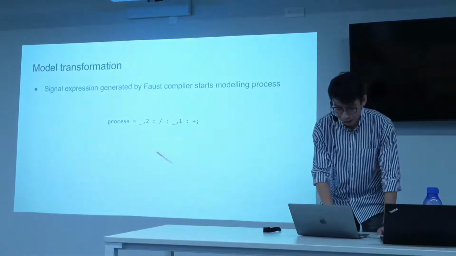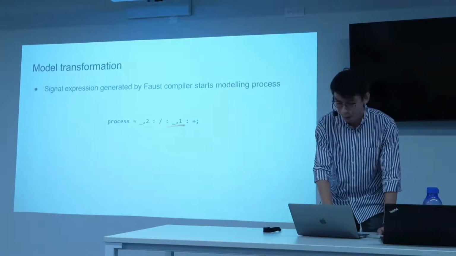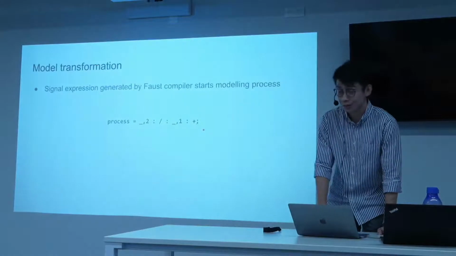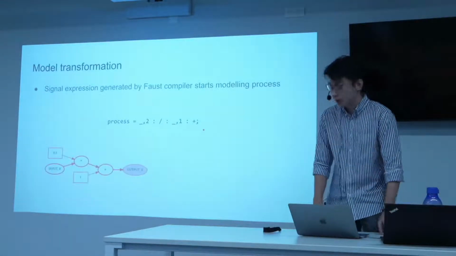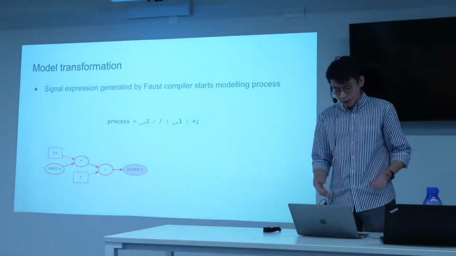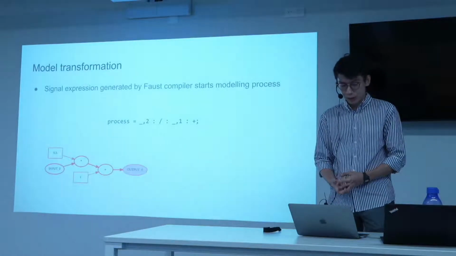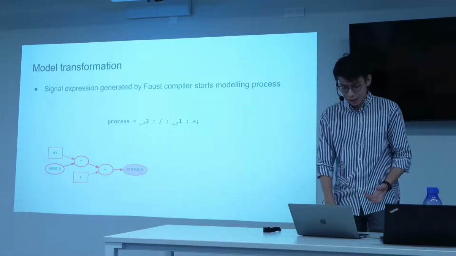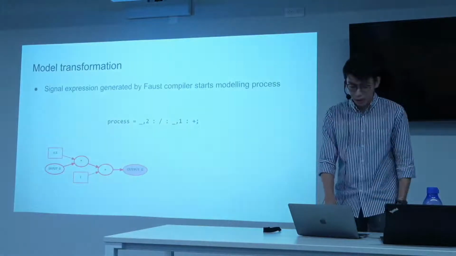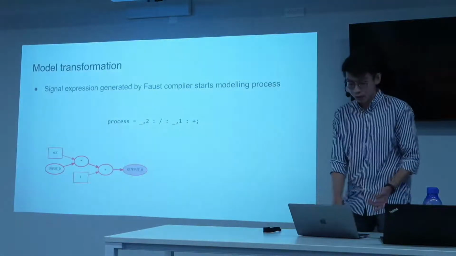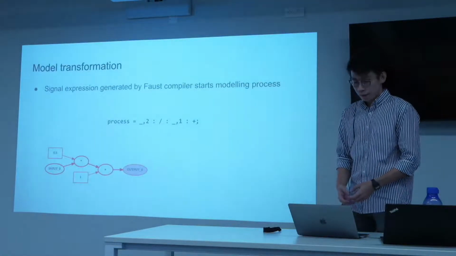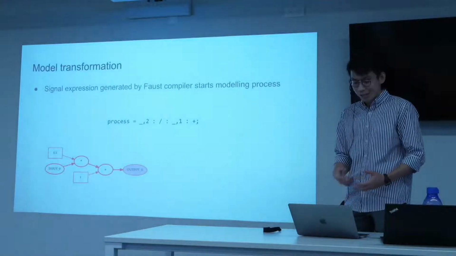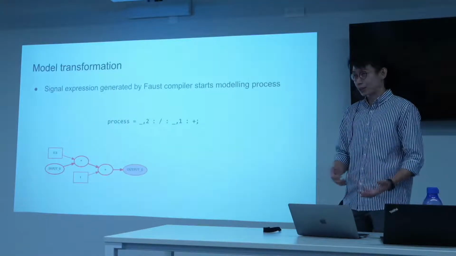So it just takes an input, divides it by 2, and adds 1 to the value to generate this output signal. And this is the signal expression it generates. And so I think there are 2 things to notice here. The first thing is that Faust has already done some optimization for us by replacing the division operator with the product operator. And the second thing to notice is that it really looks a lot like a SDF, like what I was showing you before.